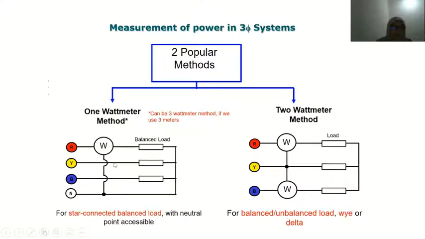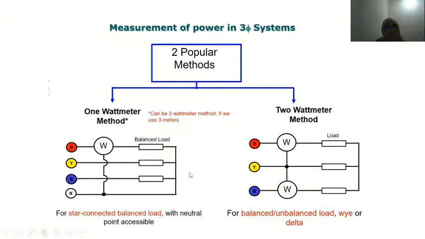You put your wattmeter in one of the wires, either R, Y or B, and then go to the neutral as your negative point.